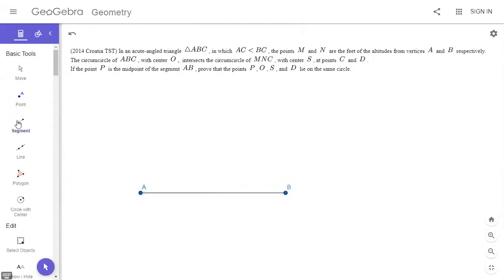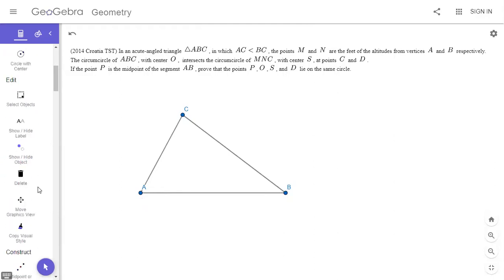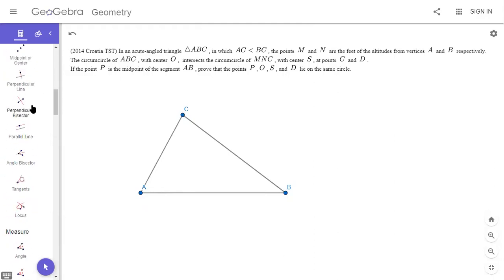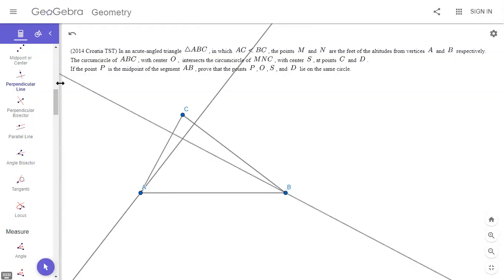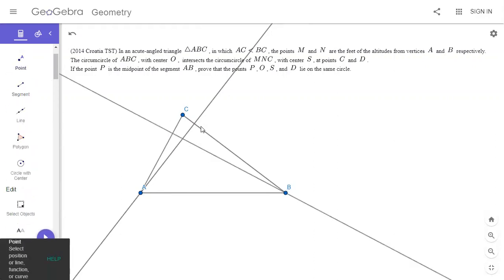I'm going to draw it like this. M and N are the feet of the altitudes from A and B. So obviously they lie in the circle with diameter AB.